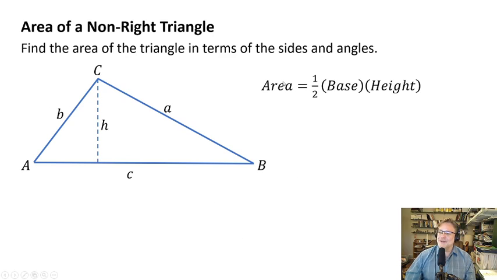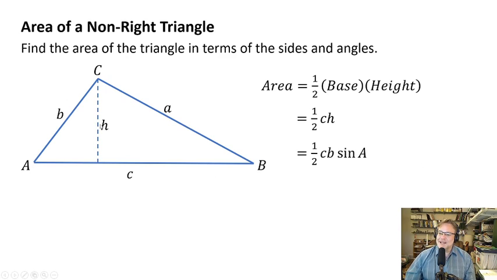So if we start off with our original equation here, 1/2 base times height, let's assume that C here is the base and H is the height. We could just plug that in for base and height. And then how can we express H in terms of some of the other sides, as well as some trig functions of some other angles here?